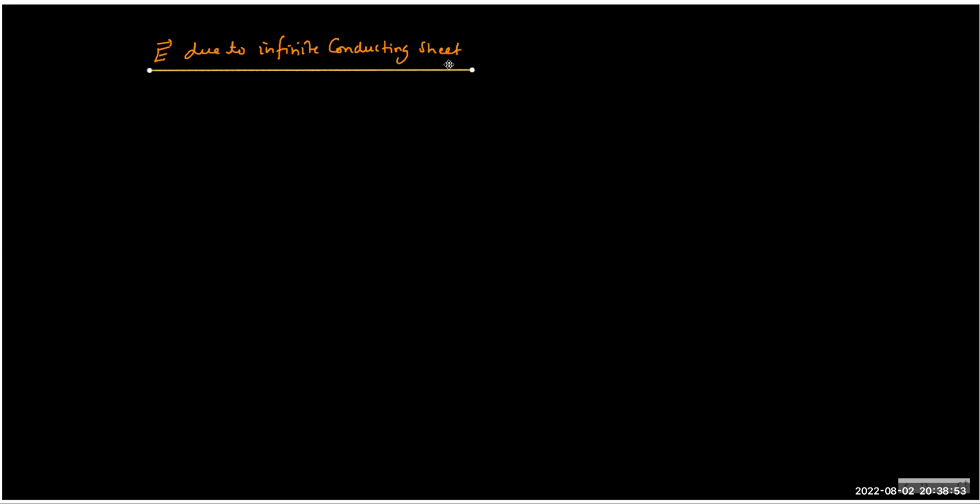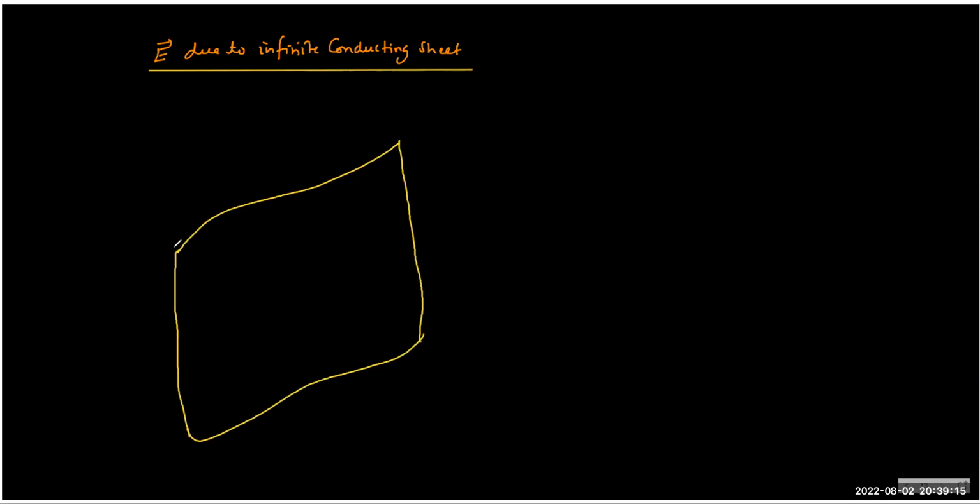So if we have a conducting sheet, the sheet may be thin enough, but can we have zero thickness possible? No. You may make it as thin as possible, but you cannot have zero thickness physically.